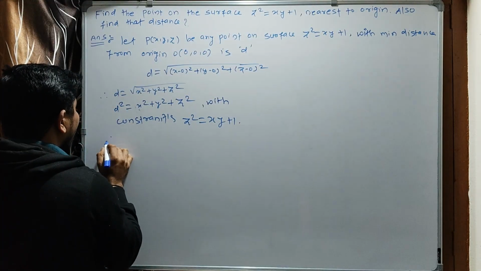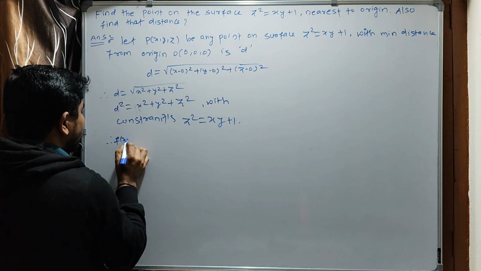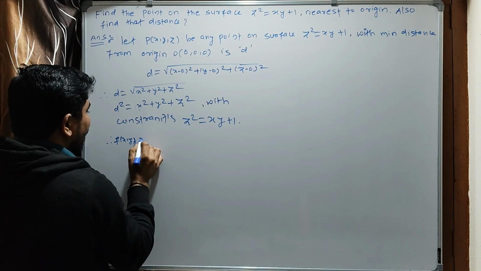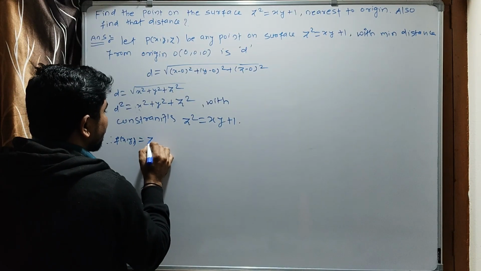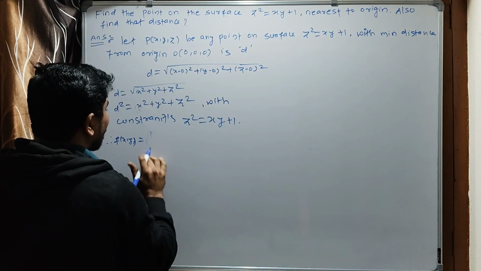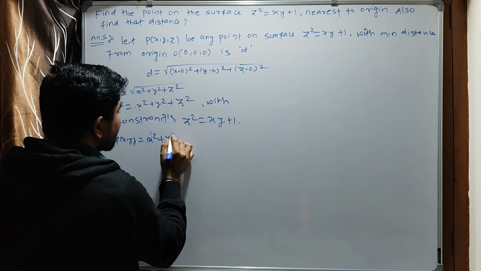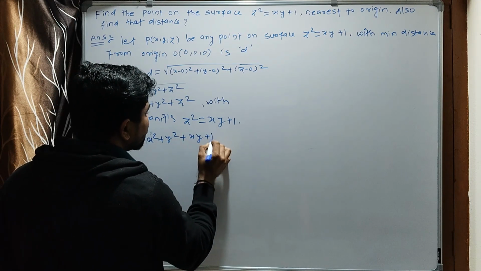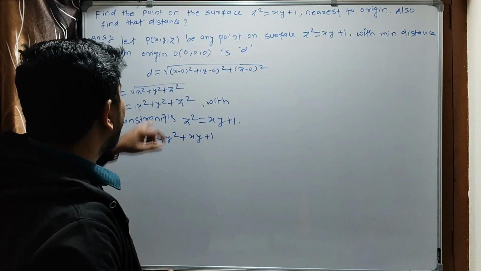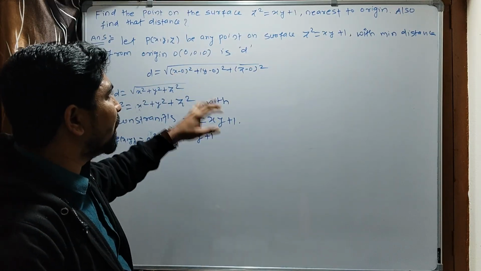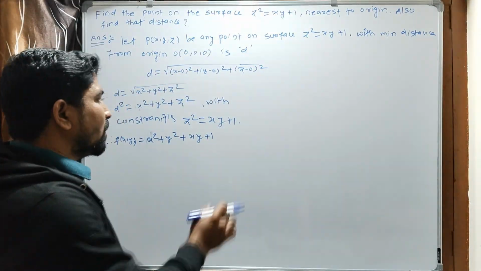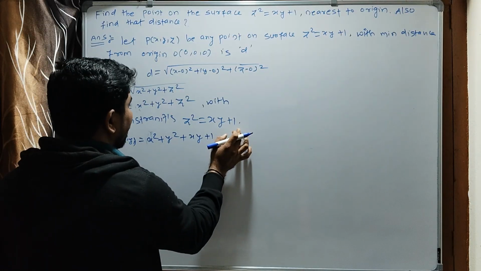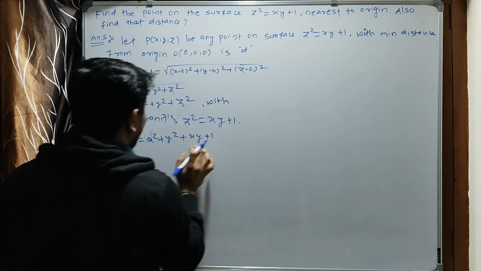Therefore, let's say f of x comma y equal to x square plus y square plus, in place of z square I am putting xy plus 1, because this point P is on the surface, so that point must satisfy the equation of the surface. Therefore this constraint satisfies this equation.